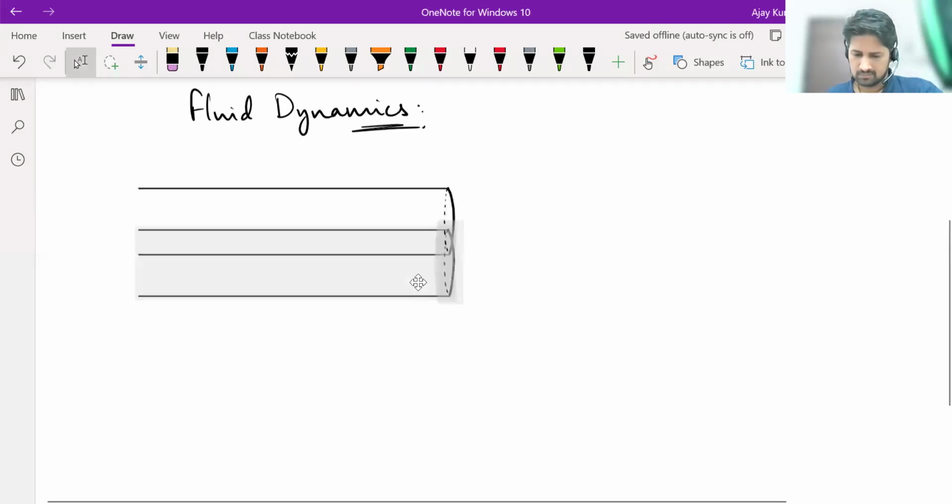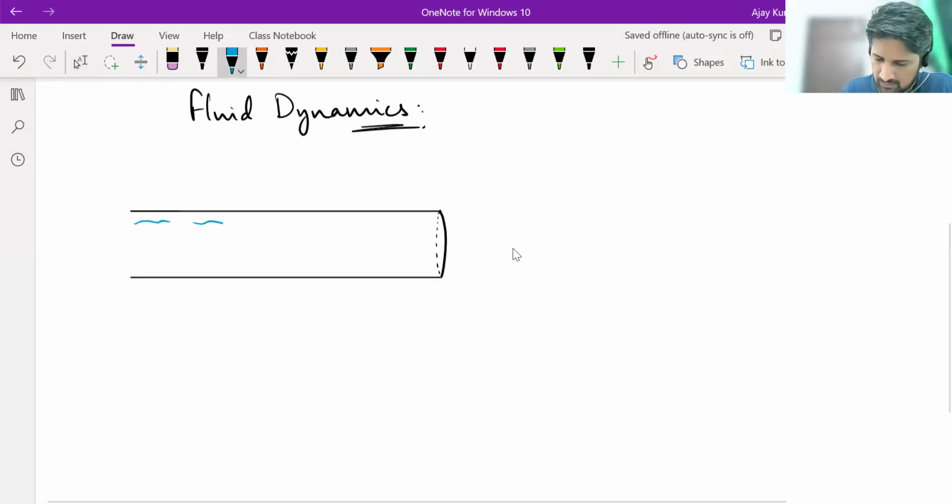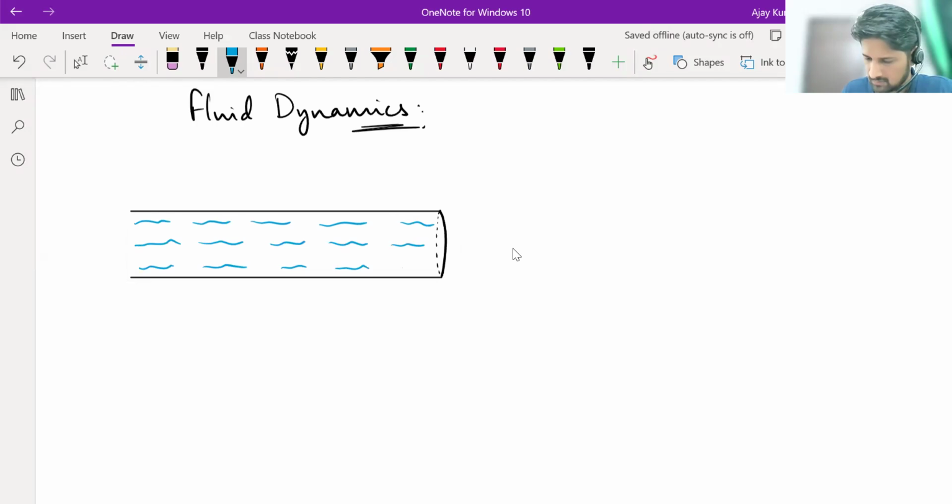So consider a cylindrical tube like this, and let's say there is a liquid flowing through it. It can be a liquid or a gas, so fluids generally.